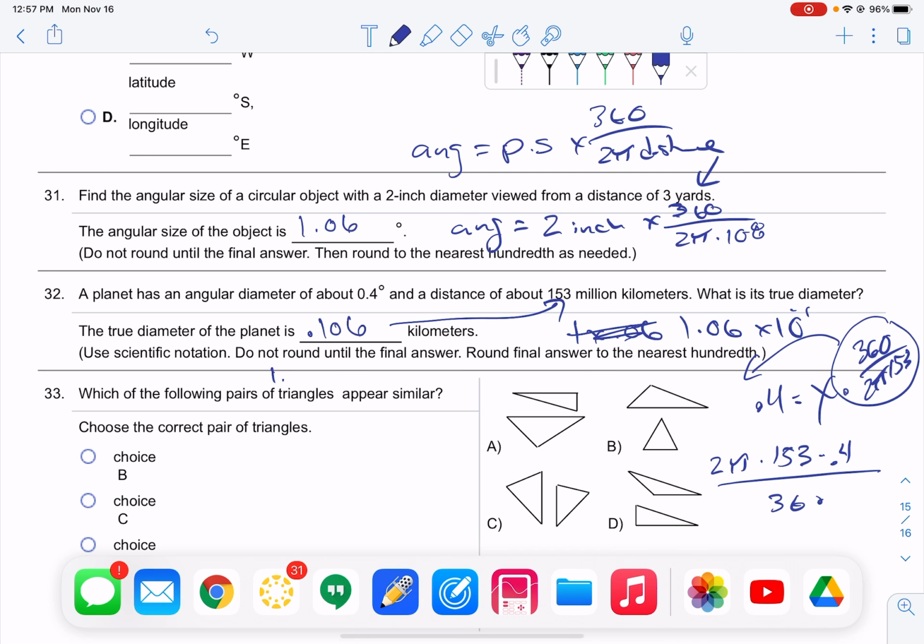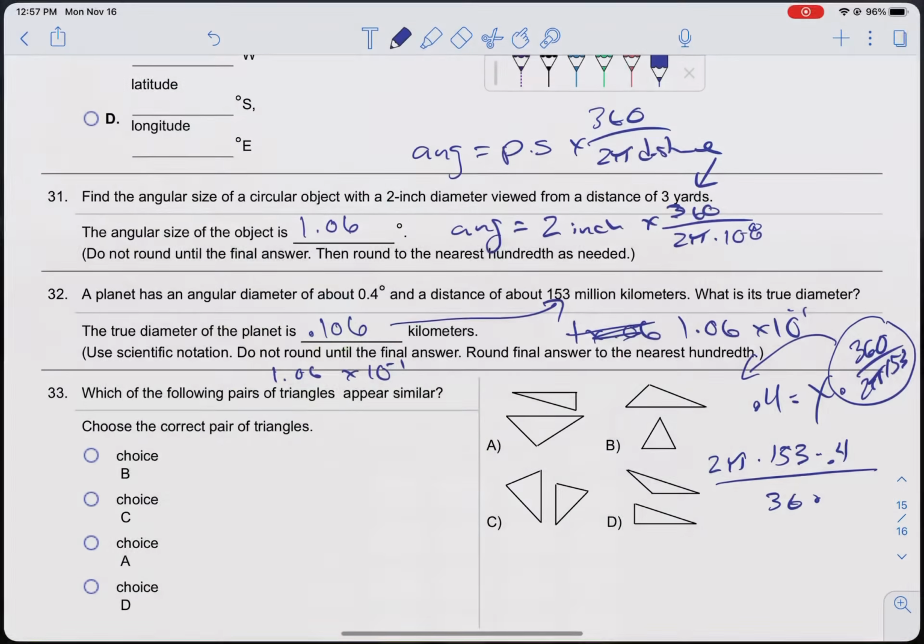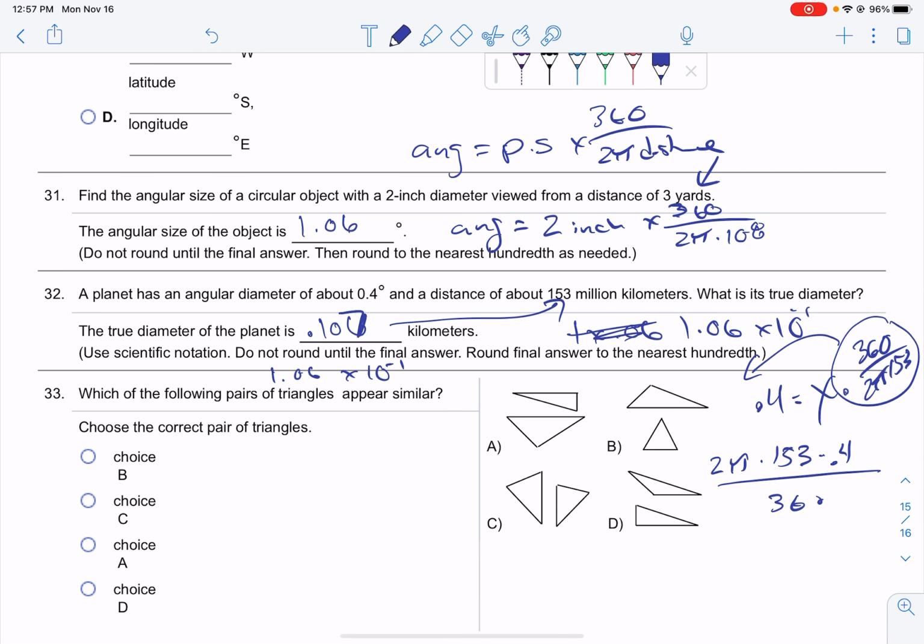So 1.06 times 10 to the negative 1. And because it wants us to round to the nearest hundredth, I think we did, right? 1.068, oh, that's going to round to 1.07, because we're rounding to the nearest hundredth. So 1.07 times 10 to the negative 1.